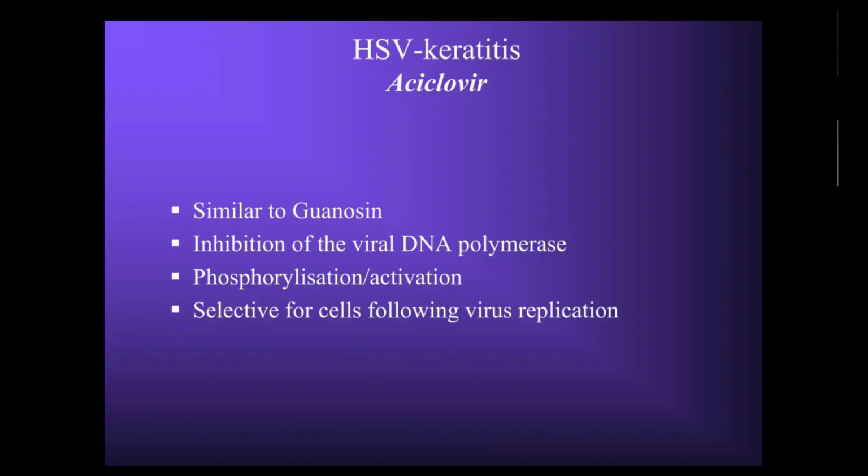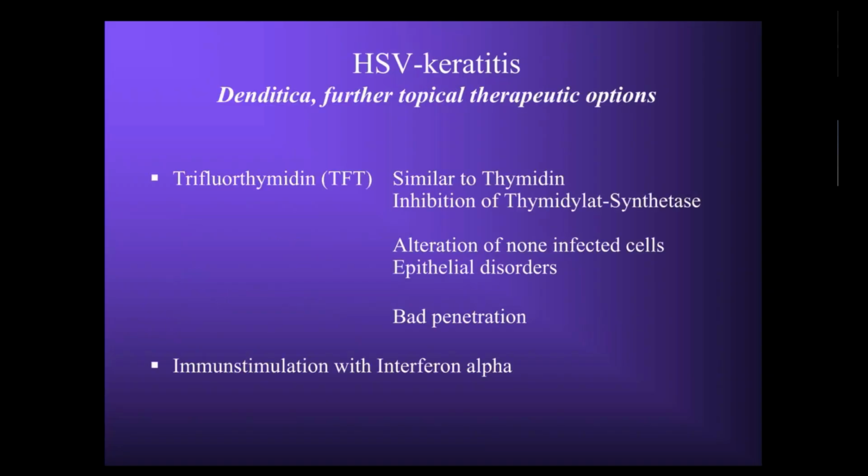That is quite different to trifluorthymidine, similar to thymidine, that has a bad penetration. It can only be used if the epithelium is harmed, and it is not only acting in the virus-infected cells, but in all epithelial cells. So you have epithelial disorders.